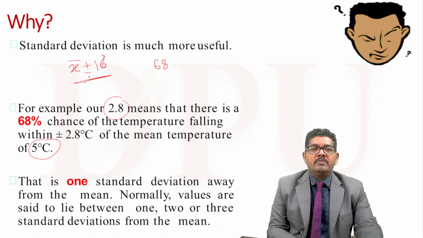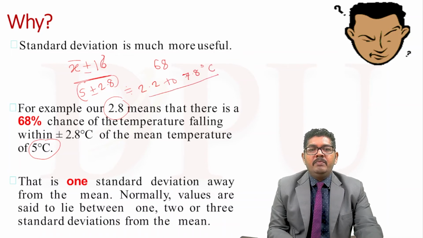So x bar plus minus 1 sigma, that is 5 degrees plus minus 2.8, so this range is 2.2 to 7.8 degrees Celsius. So there is a chance that 68% of the times the temperature will fall in this particular range. That is 1 standard deviation away from the mean.